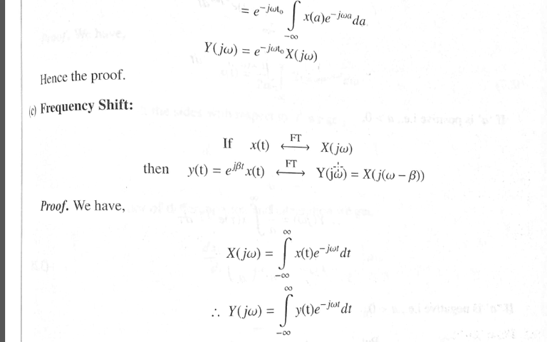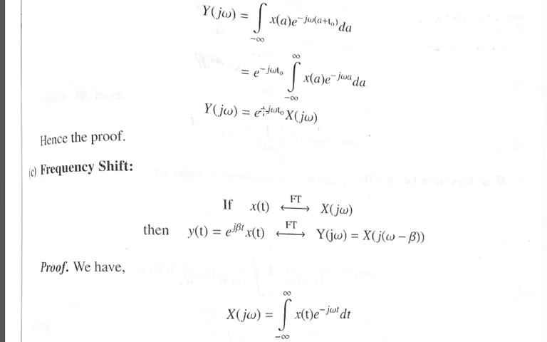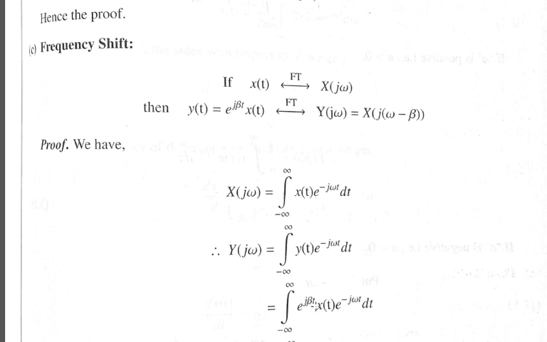So how do we get this? Let's write the equation of X of j omega. Once we write this equation, the next point is we write it for Y of j omega also, because we need to substitute. Then let's substitute y of t as e raised to j beta t x of t, because our y of t is the shifted version, in the integral of e raised to minus j omega t dt.